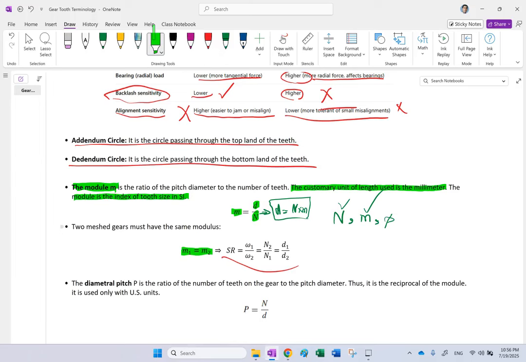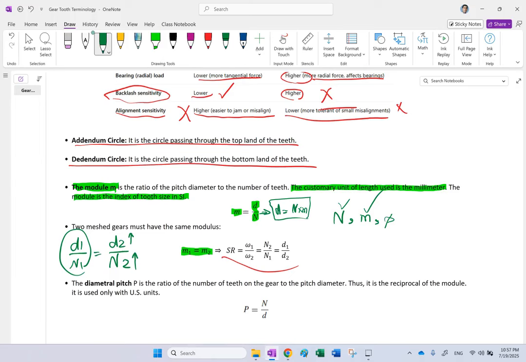Because this one tells me the space that I have per number of teeth, or the size of the gear per number of teeth. So if M1 equals M2, that means D1 over N1 equals D2 over N2. What does this mean? It means that if one gear is bigger, the number of teeth on it should also be more, so this ratio is the same as the other one.